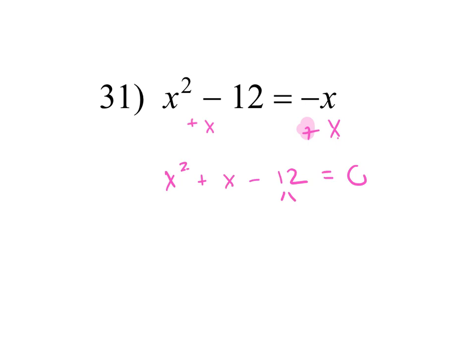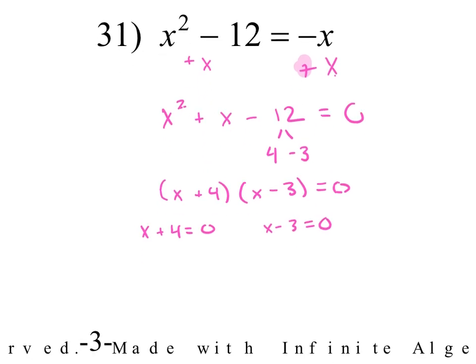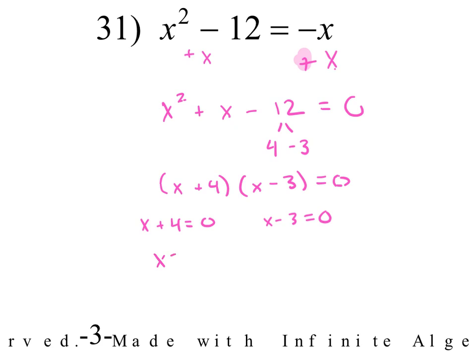Perfect. So x plus 4 times x minus 3 is equal to 0. Split them up. X plus 4 is equal to 0. X minus 3 is equal to 0. What do we get for x? Negative 4. And? Negative 3. I mean, regular 3. Positive 3, yes.